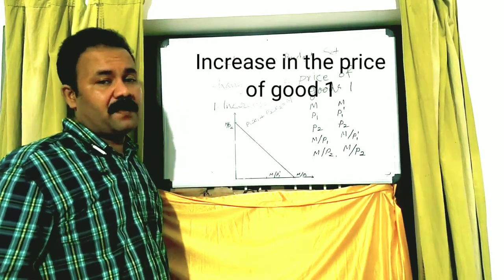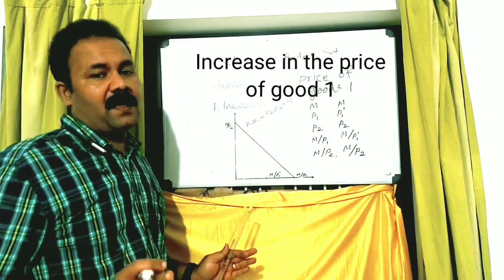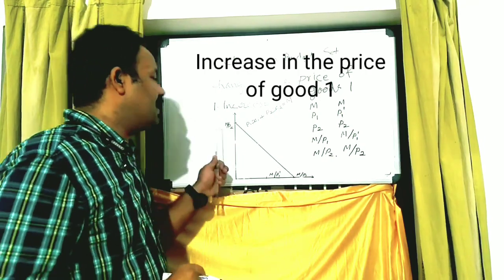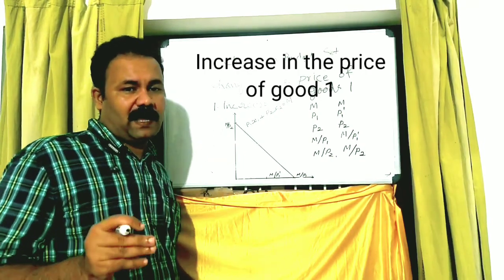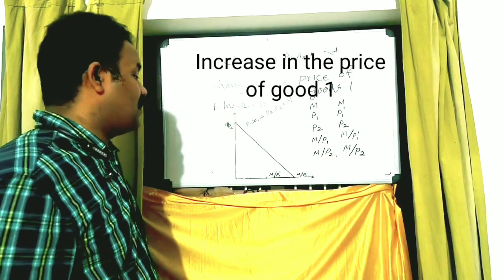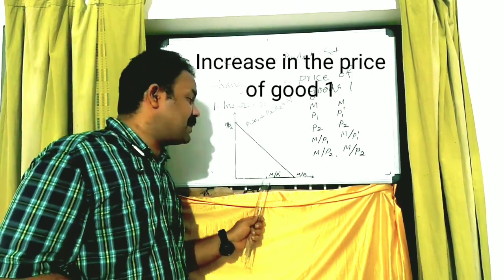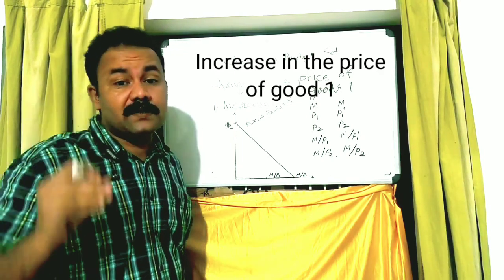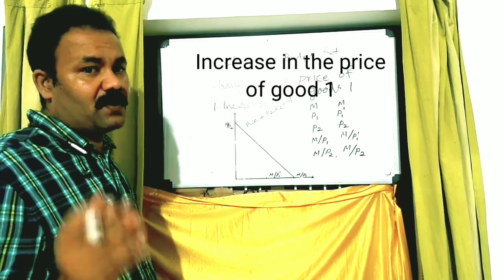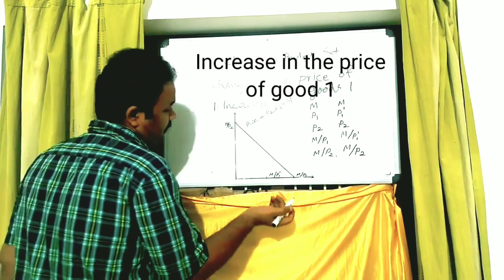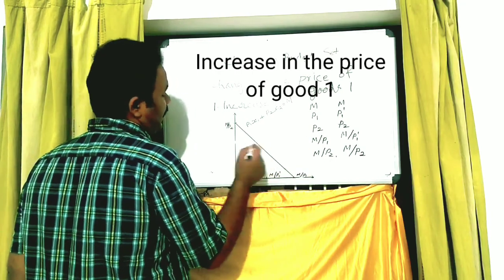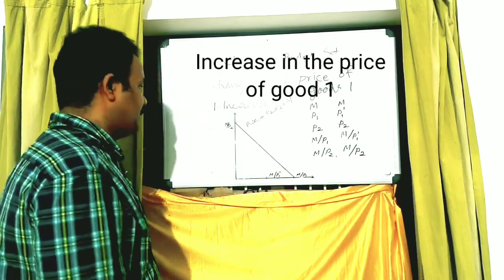Why? Here, there is no change in the income of the consumer and the price of good 2. At the same time, the price of good 1 increases. So, the consumer can purchase only fewer units of good 1. So, here horizontal intercept pivots around the y-axis.